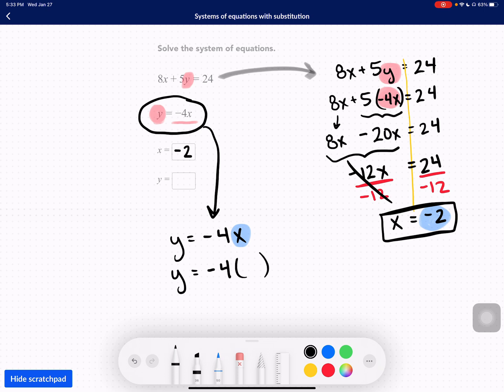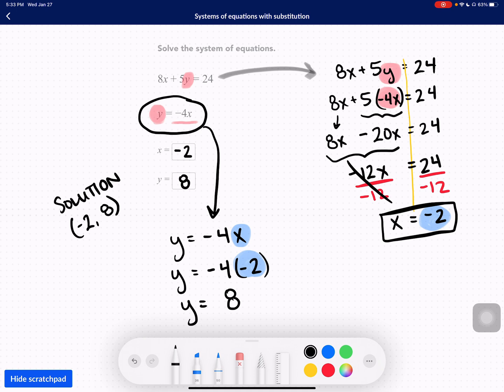So negative 4 times whatever x equals, which is negative 2. So y equals positive 8. Negative 4 times negative 2 is positive 8. So our solution, the point of intersection on the graph, is negative 2, 8. So let's check our work by putting this equation into Desmos.